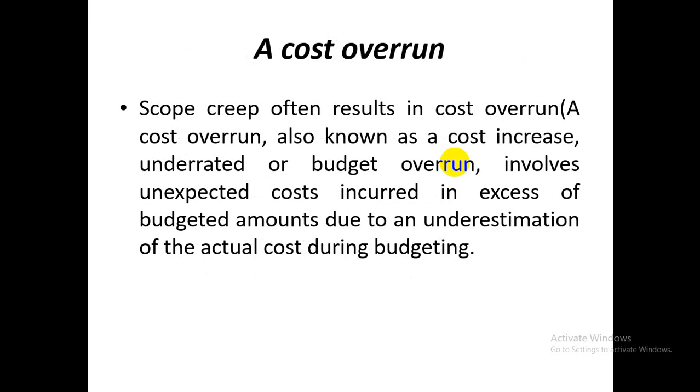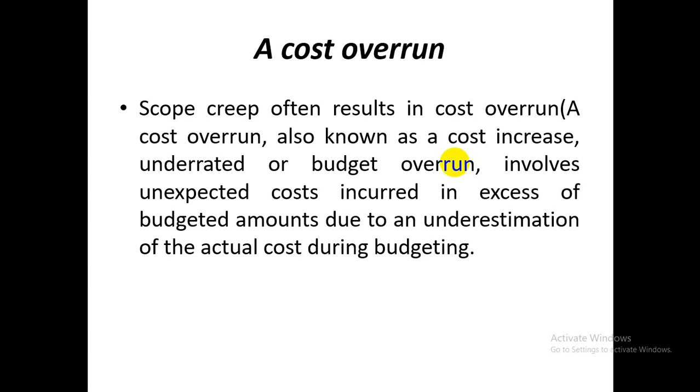There is also what we call cost overrun, and this one is caused by scope creep. That's why we have said that scope creep often results in cost overrun. We may look at cost overrun as cost increase, or underrated, or budget overrun.